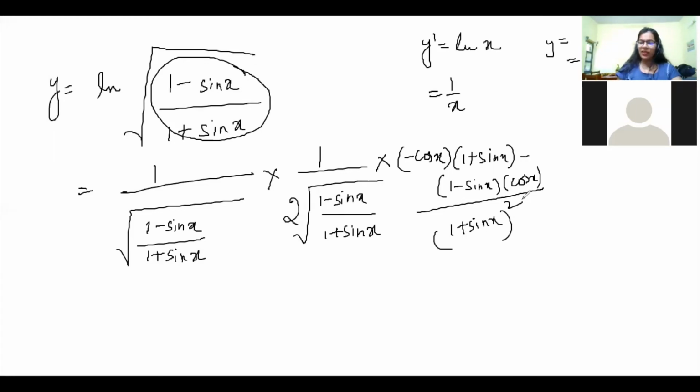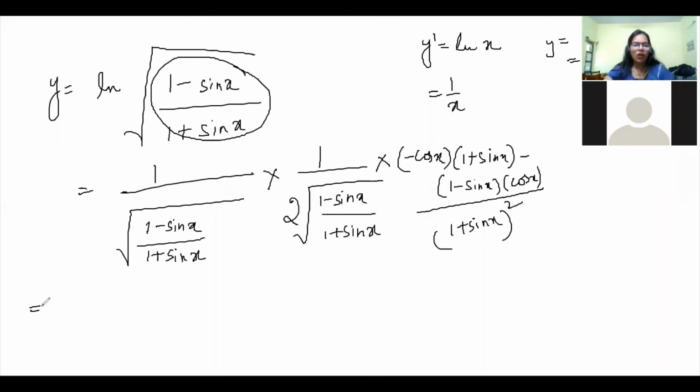Okay, guys, are you following or getting confused? Because this one is very lengthy. Let me know in any step you are not able to understand. Ramya, Bhavika, are you able to understand? Yes, ma'am. Okay.